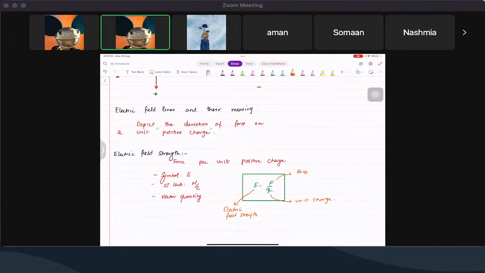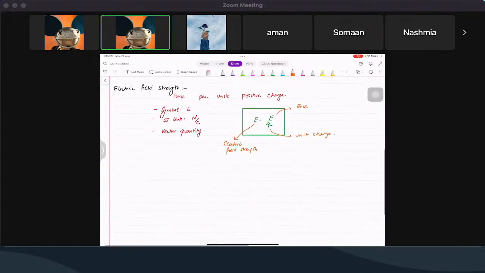Before we head forward, we would like to talk about something called a uniform electric field.